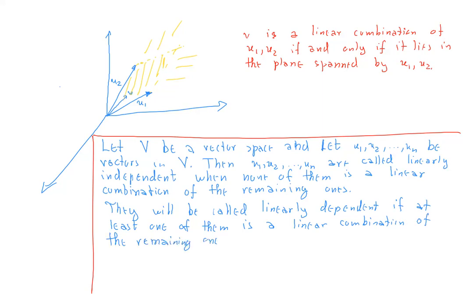And what I wrote down is the exact negation of what it means for the vectors to be linearly independent. So this means, i.e., when they're not linearly independent.